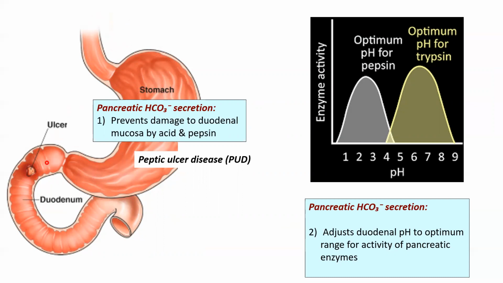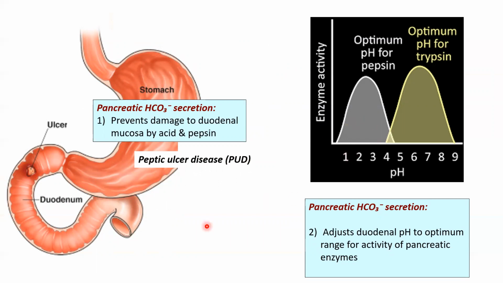And so it helps prevent injury due to acid and pepsin. Because remember, pepsin's pH optimum is low, it's acidic, around 2 something. So by secreting pancreatic bicarb, you neutralize the acid and you eliminate pepsin from being active. So two birds with one stone, so to speak. And you can prevent peptic ulcer disease.